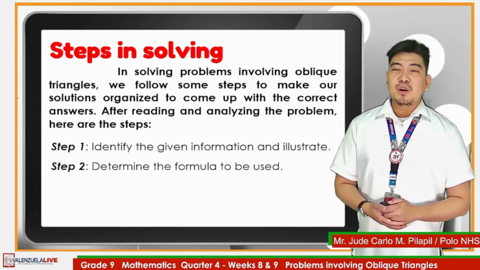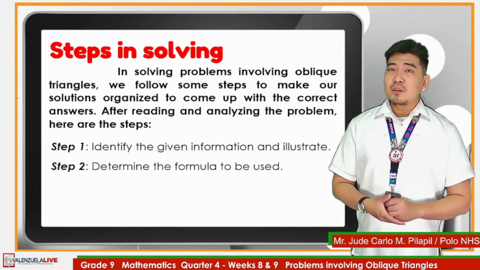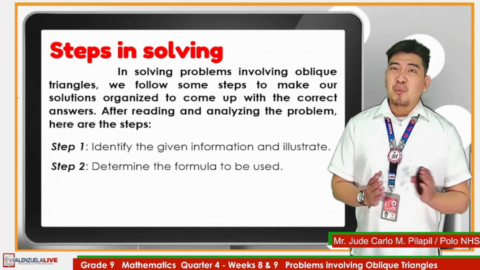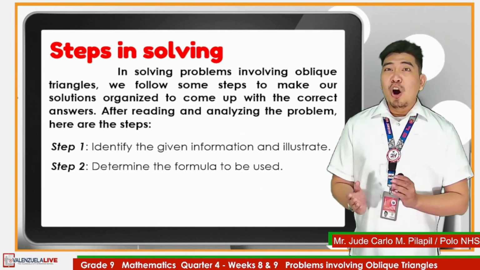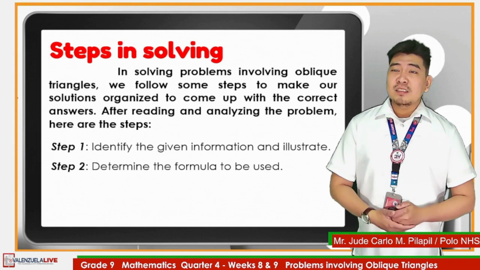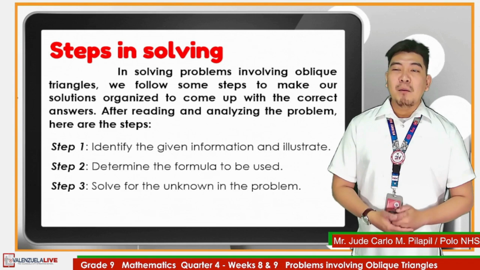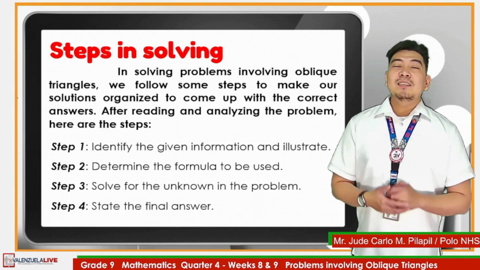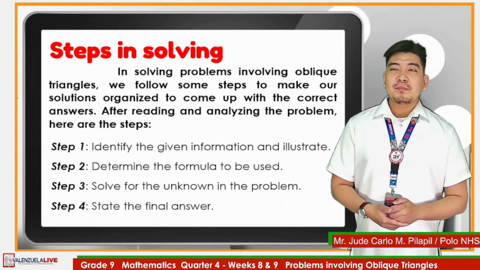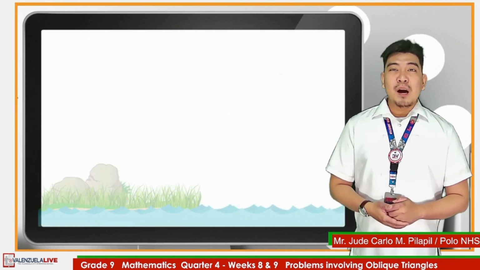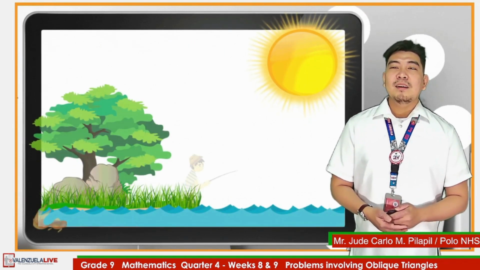Step number 2, determine the formula to be used. In this case, which one? Is it the law of sines or the law of cosines? Step number 3, solve for the unknown in the problem. And then the last one, state the final answer. Let us start with problem number 1.